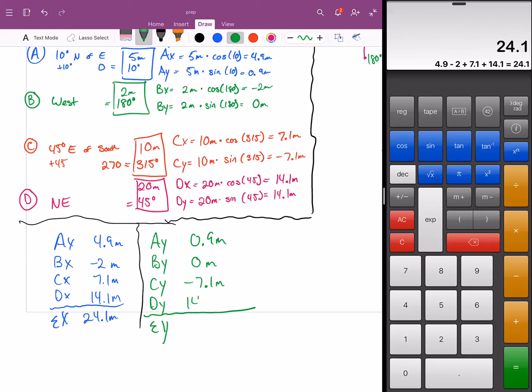And DY 14.1. Add them all up. Sum 7.9 meters.